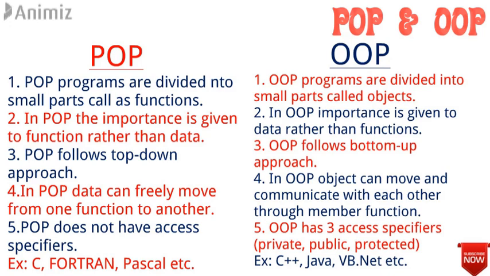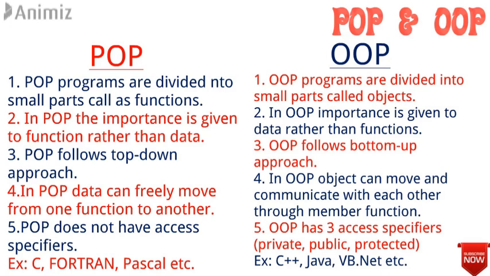In OOP, objects can move and communicate with each other through member functions. In POP, we don't have access specifiers. That is, there is not much security in POP. In OOP, we have 3 access specifiers in C++. That is private, public, and protected.